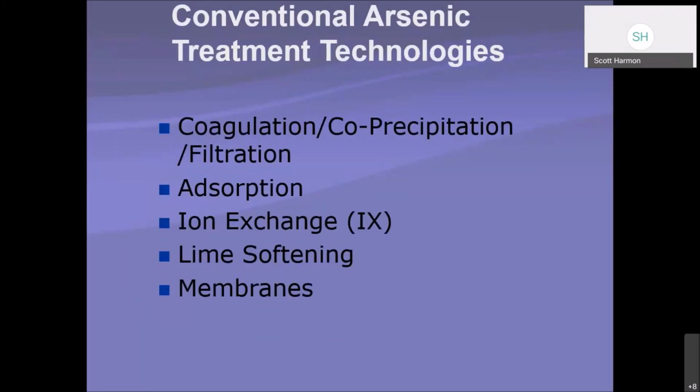So with the adsorption, you would stick the arsenic particles onto some type of adsorbent material. Ion exchange, lime softening, and then last but not least, membrane. So these were available technologies and still are. And we'll talk a little bit about each one, positives, negatives, all that type of stuff.